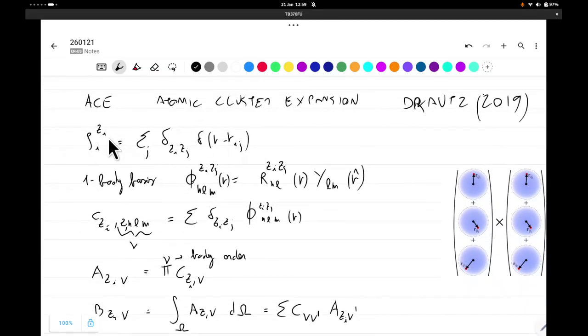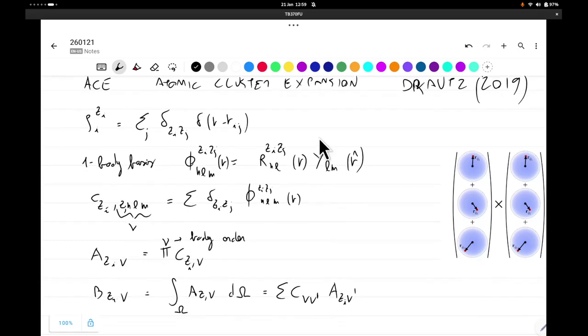So it starts with the expansion of the local density as delta functions. So it was felt that there was no need to do this smearing of the positions, and then one can always introduce a one-body basis. So again, the radial part and the spherical harmonics. So you have these functions here.